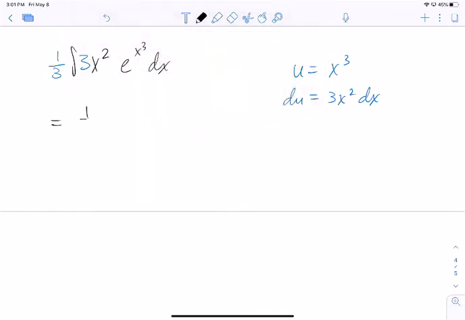So that gives us 1/3 e to the x cubed plus c, because essentially what we just did was create an integral that looked like 1/3 times the integral of e to the u du, where du replaced 3x squared dx. And of course the integral of e to the u is e to the u.